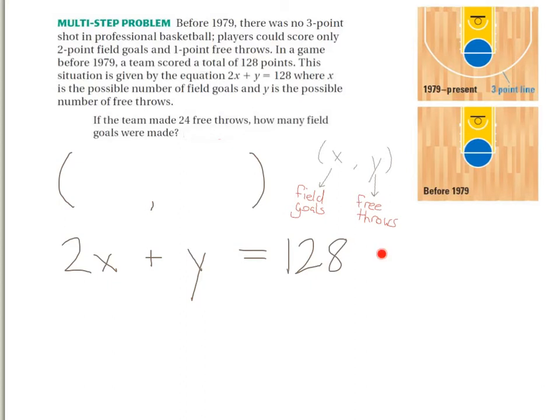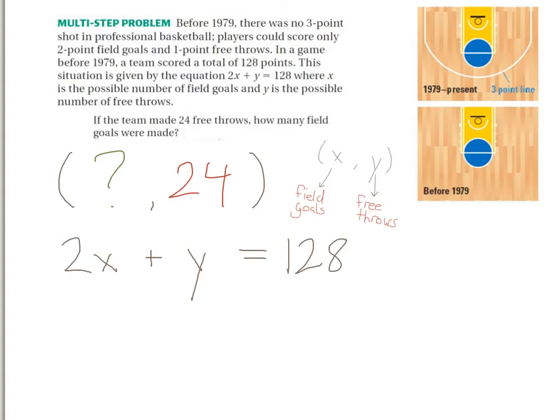We have to remind ourselves, X were the field goals and Y were the free throws. What we do know based on this question is that the team made 24 free throws, which represent the Y value. So we know Y is 24, and it's asking how many field goals were made, which would represent X. So therefore, we need to figure out, question mark, what is X.